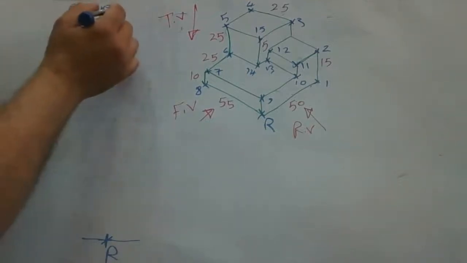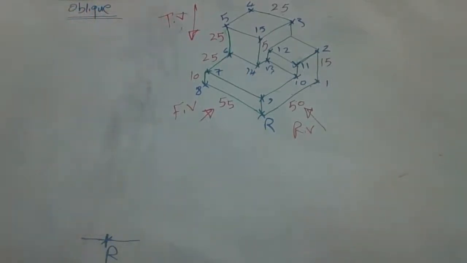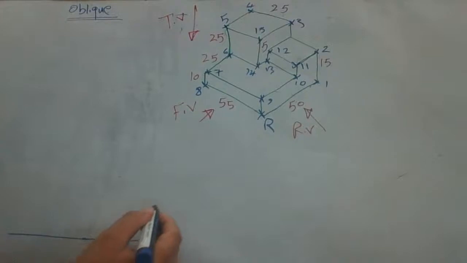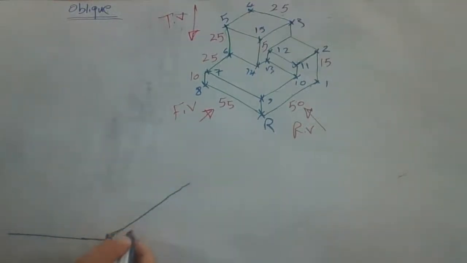Oblique implies that the width is horizontal and the depth is inclined by 45 degrees. Okay, now this is the first thing we draw. This is the depth.